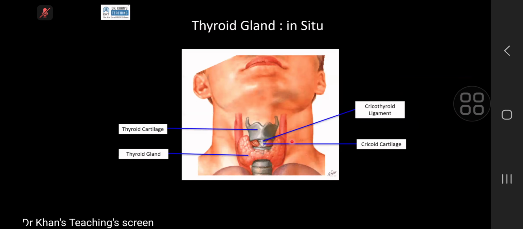So this was a recap of the anatomy of the larynx, which I believe many people find very difficult. So it was a good idea to repeat it today. Now this is thyroid cartilage, just to give you an idea, and this is the thyroid gland, and this is the cricoid cartilage.